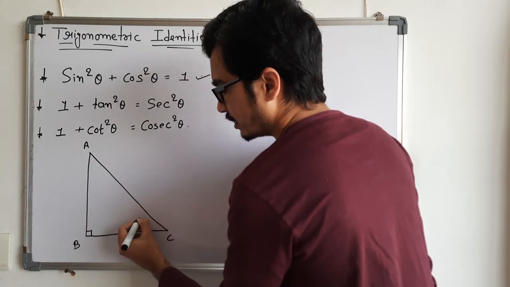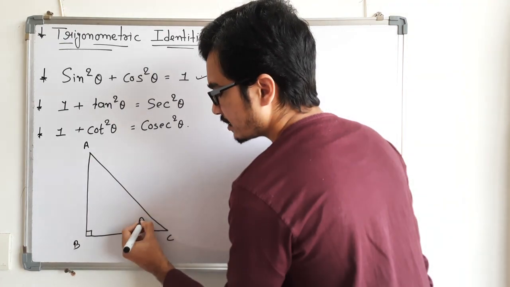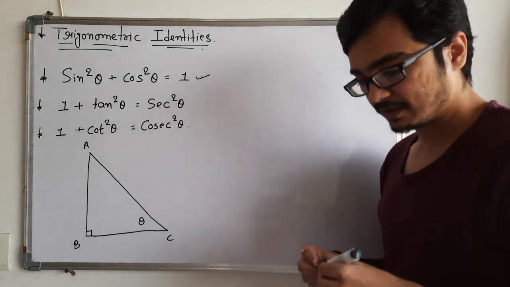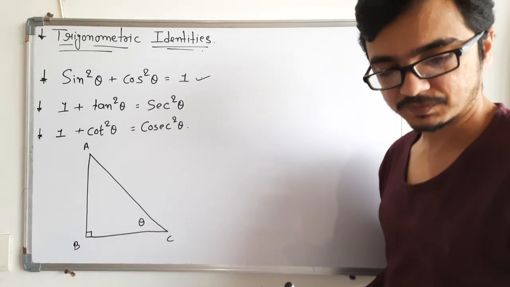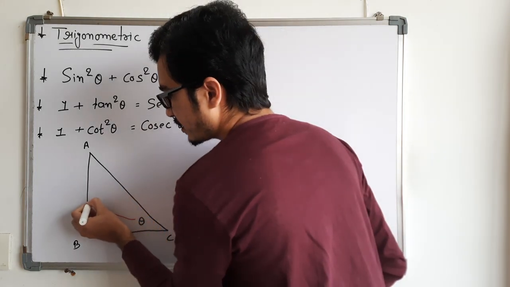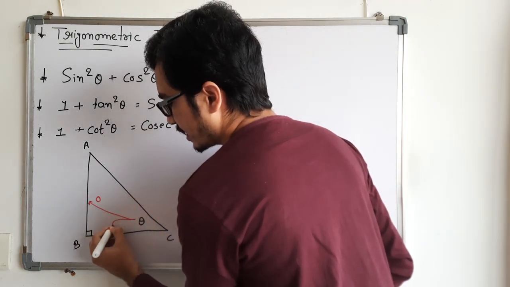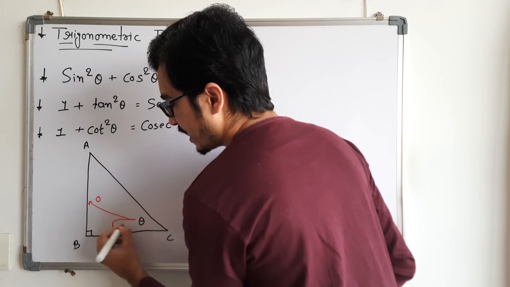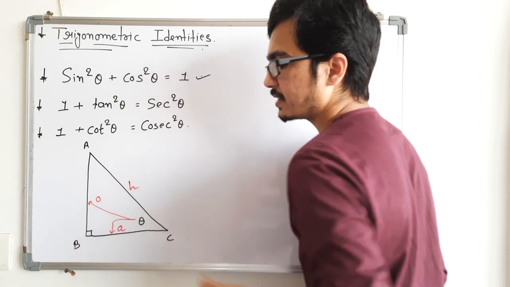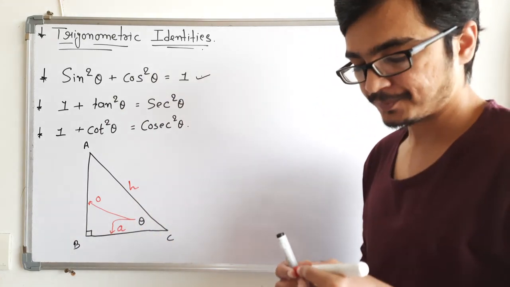Considering angle C as theta, with respect to theta we have AB as the opposite side and BC as the adjacent side, and the side opposite to the right angle is always the hypotenuse.